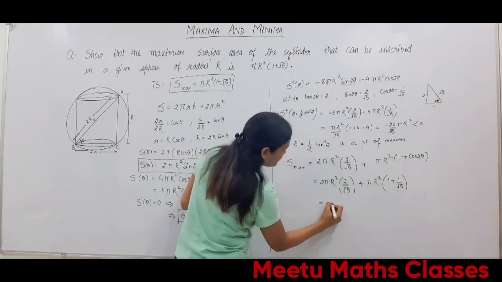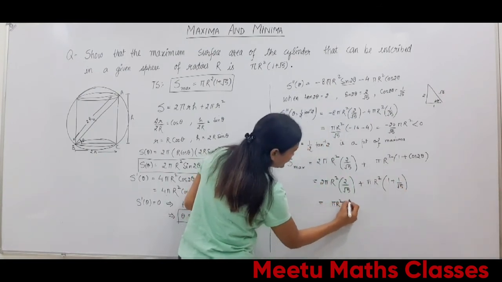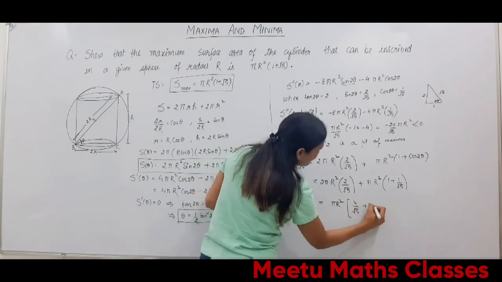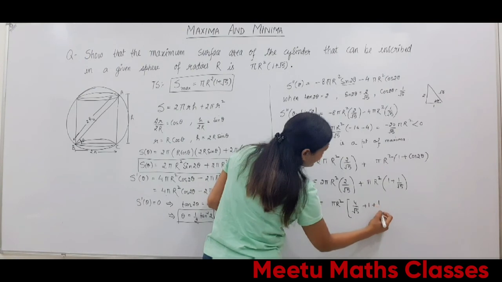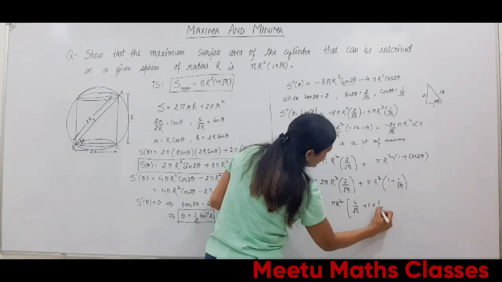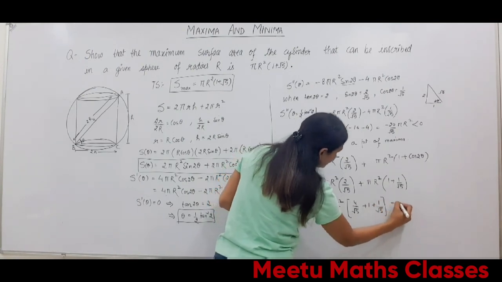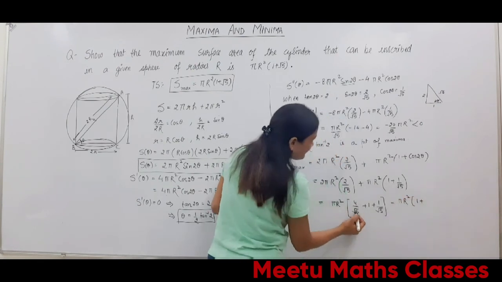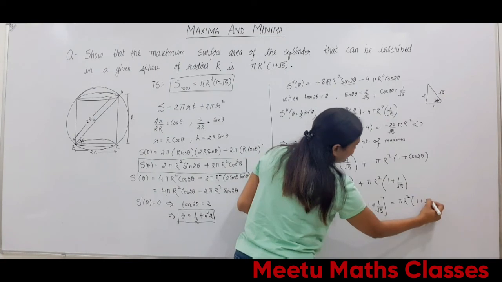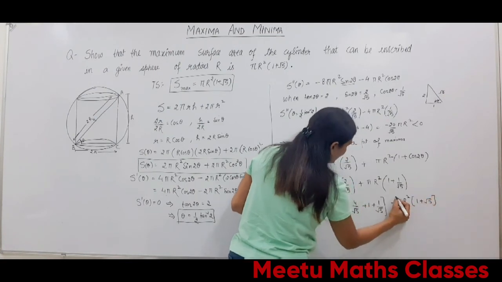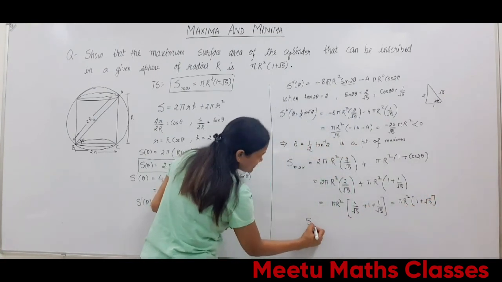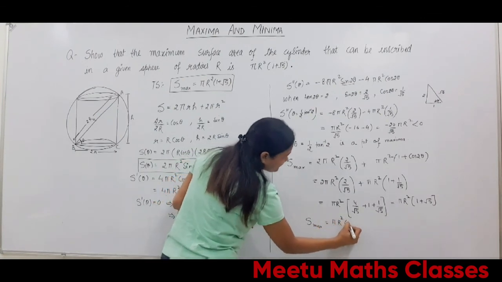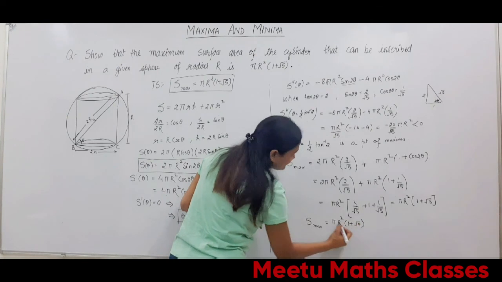So this will give you pi R square common, 4 by root 5 plus 1 plus 1 by root 5, and this is equals to pi R square, 1 plus 5 by root 5, which will give you root 5. And this is what you have to show, that the maximum surface area will be pi R square into 1 plus root 5.